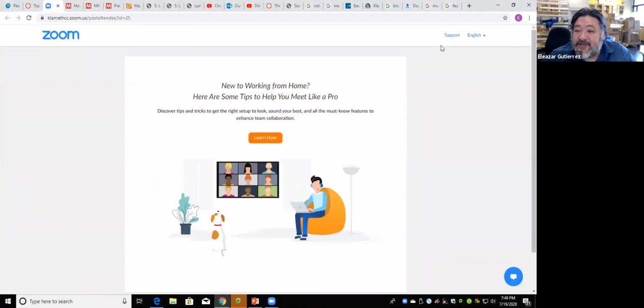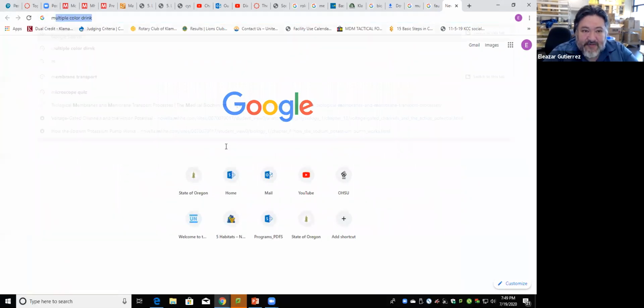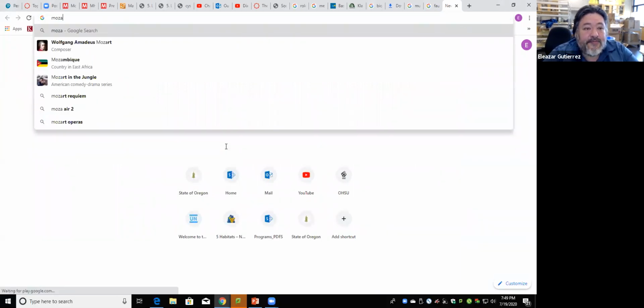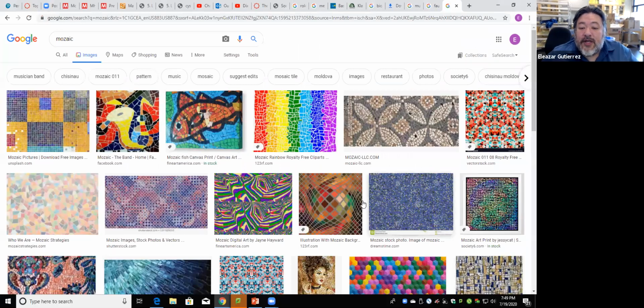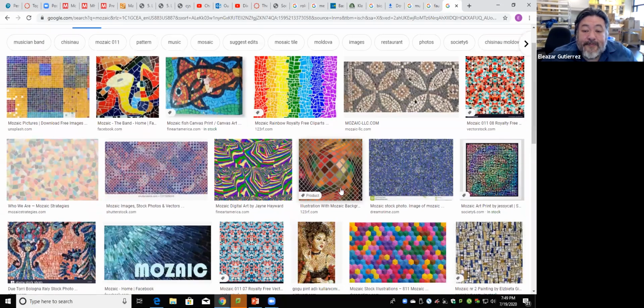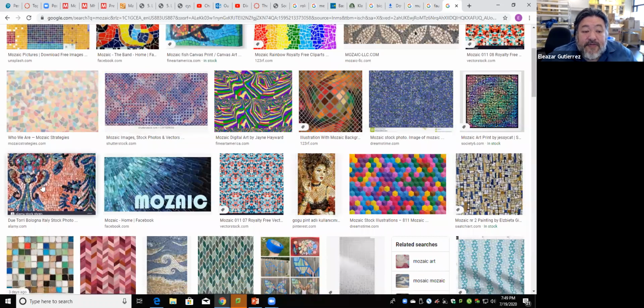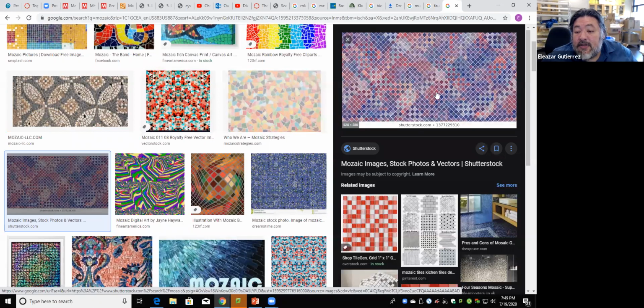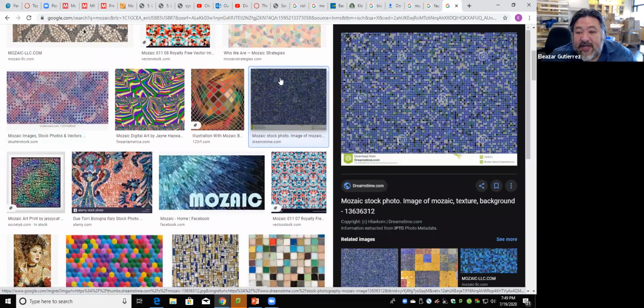I don't have enough pages open. Let's open one more. Let's type in mosaic. There we go. This is what I want you to picture. You picture a plasma membrane.